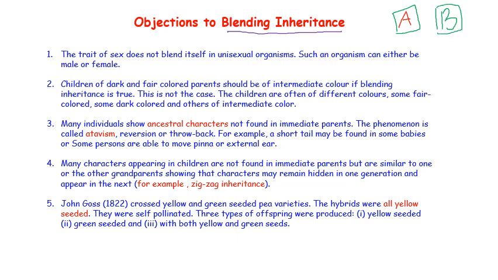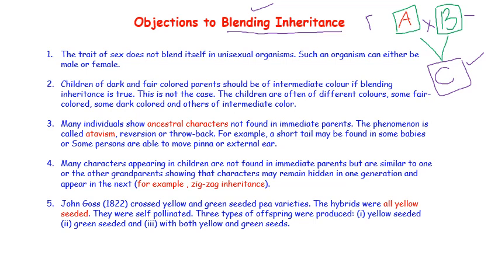Now if they produce an offspring, let's say offspring C, then according to blending inheritance, offspring C should have characters which are intermediate of A and B. For example, if A is fair skinned and B is dark skinned, C should have skin color which is intermediate between A and B. This is known as blending inheritance.